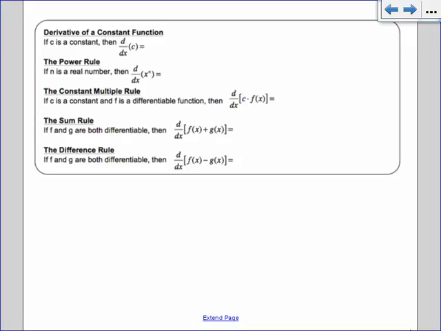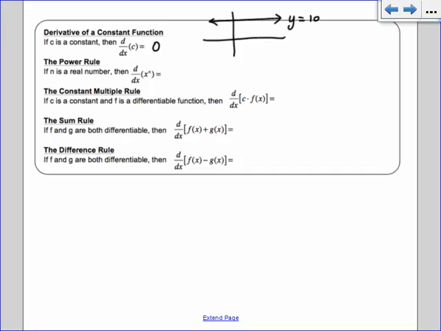So if you have just a constant, like the derivative of 5, the derivative of 7, the derivative of 10, its derivative is always going to be 0. It makes sense if you think about what the graph looks like. If I had y equals 10, what is the slope of that line? It's 0, right? What's the derivative? What's the slope of the line? 0.